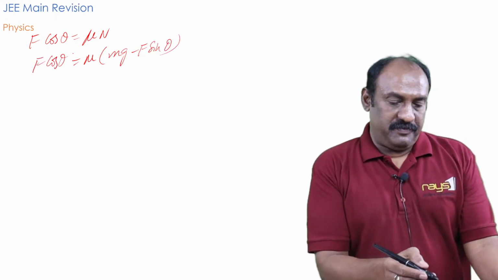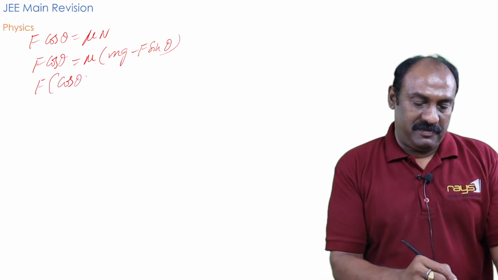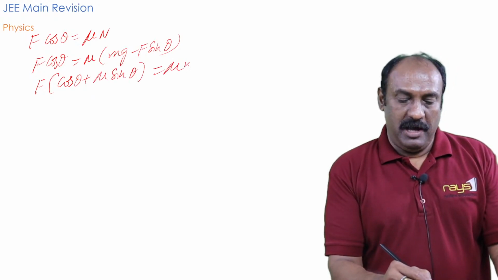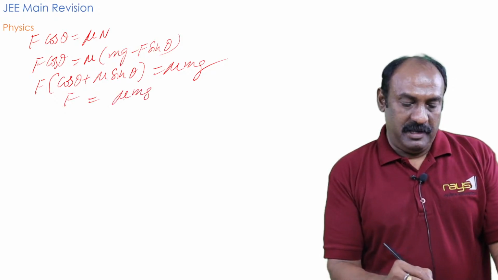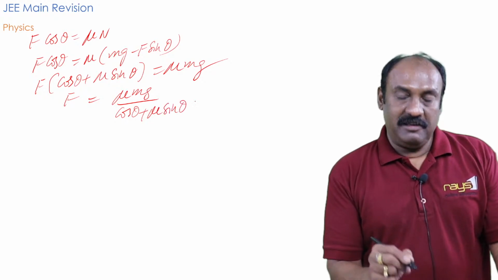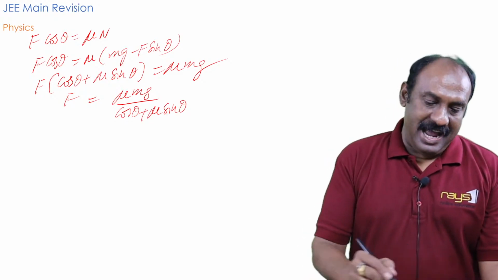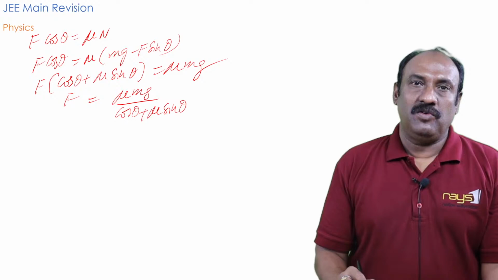So you take F to this side, F into (cos theta plus mu sin theta) is equal to mu mg. So from this, F equals mu mg by (cos theta plus mu sin theta). This is the force applied. What we want here: the body is dragged along the horizontal surface through a distance d.